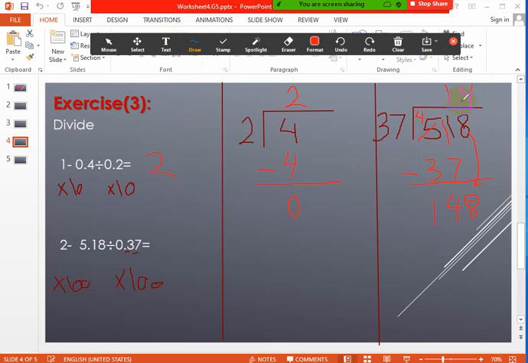Yes. Now let's multiply 37 by 4. I will multiply it here. 37 multiply 4. Yes, 4 multiply 7, 28. I will put the 8 here and 2 above the 3. 4 multiply 3 plus 2, 14.